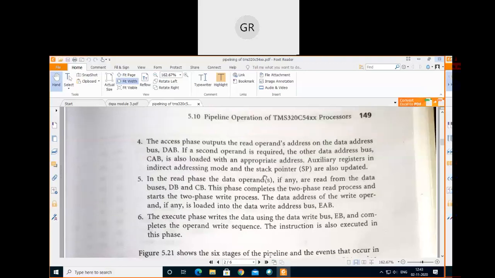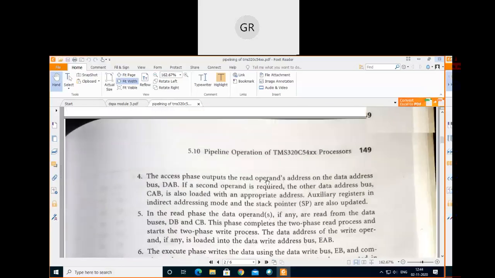So here two operands are accessed. In the read phase, the data operands, if any, are read from the data buses DB and CB. In the access phase, it loads DAB with the data 1 read address and CAB with the data 2 read address.